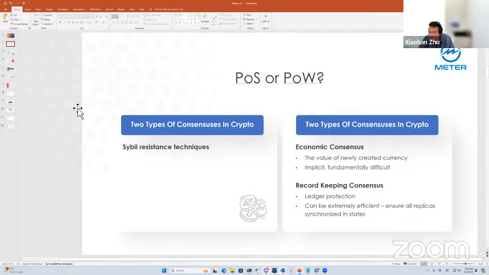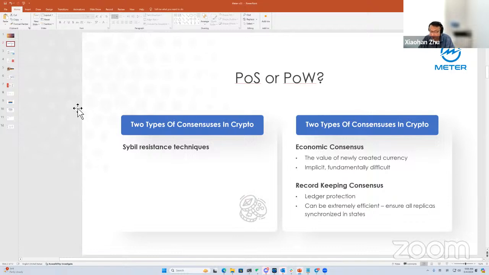For example, if you look at Bitcoin, there are so many proof of work miners competing on the network in terms of cost and contribution. But at the end of the day, it's a fully competitive competition, I would say.